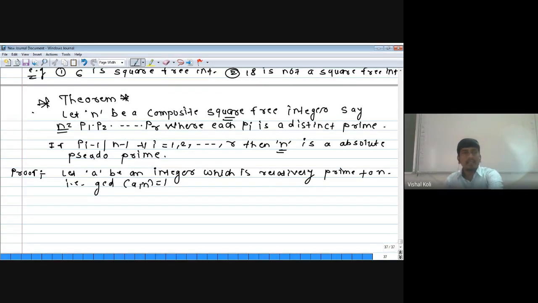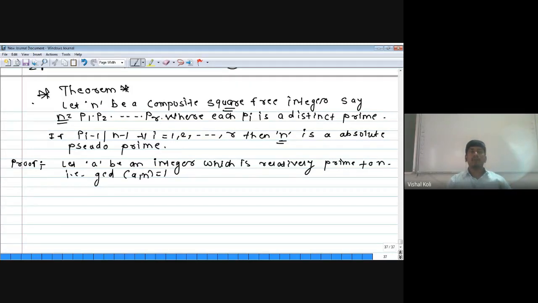But n is nothing but p1 into p2 into up to so on pr, where each pi is a distinct prime, and a is an integer relatively prime to n.